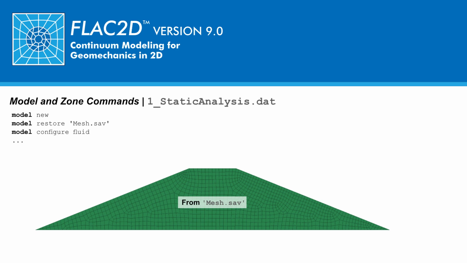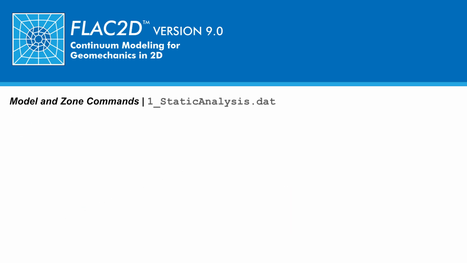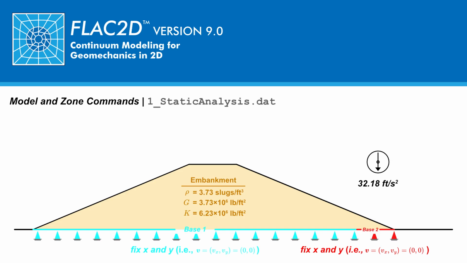We now specify the constitutive model that relates stresses and strains. For this analysis, the isotropic elastic model will be used for the embankment zones. This option will be specified with the zone cmodel assign elastic range group embankment command. The range group embankment part of the command allows us to specify the isotropic elastic model to the embankment only.